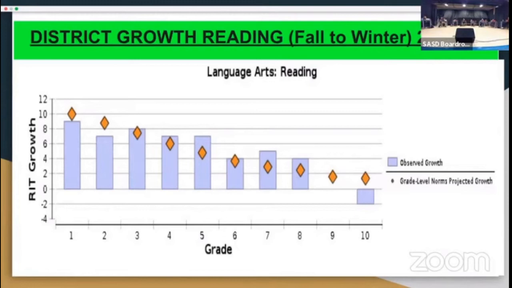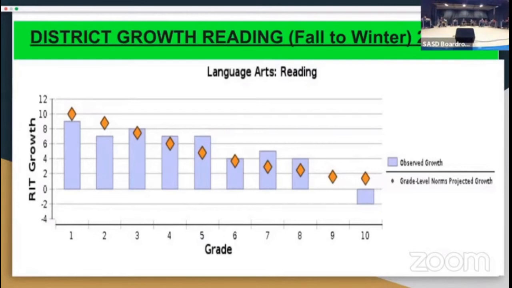It's a little more complicated, but there were multiple tests. So pre-K 2, I believe, was implementing PALS, and 3 to 5 were implementing MAP, and 6 to 8 were implementing Aspire. Or it might have been 6 to 10 implementing that Aspire interim test.